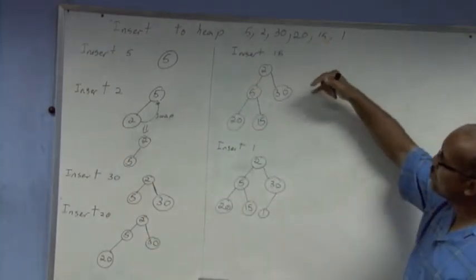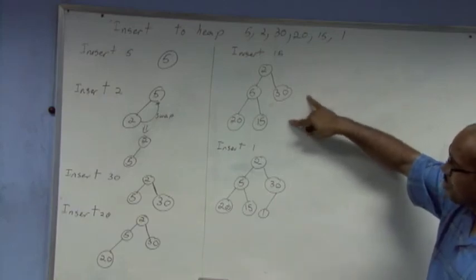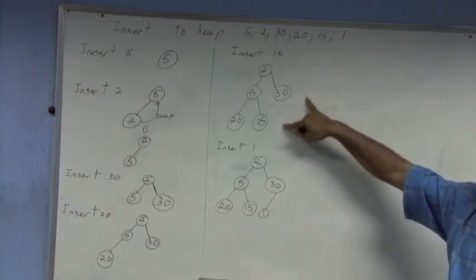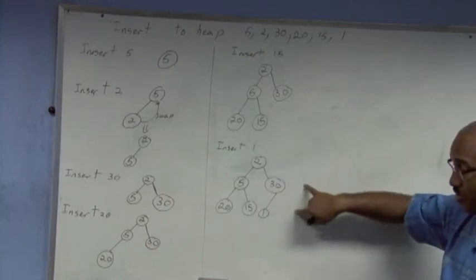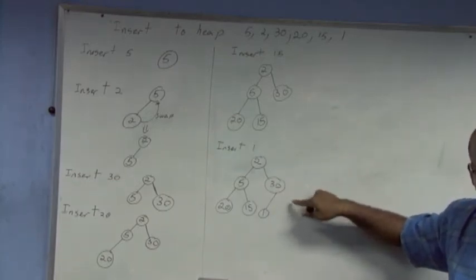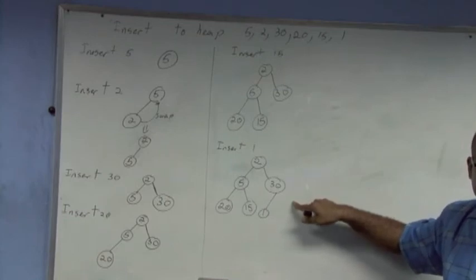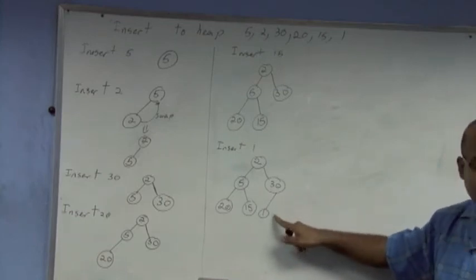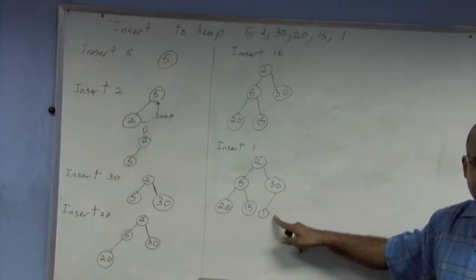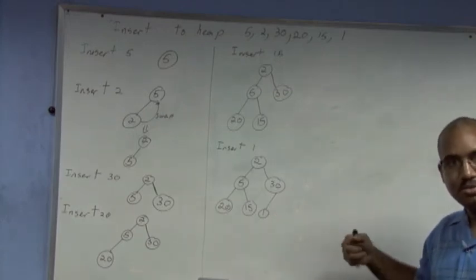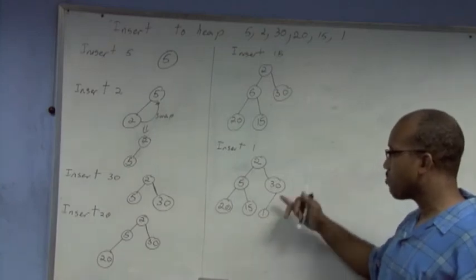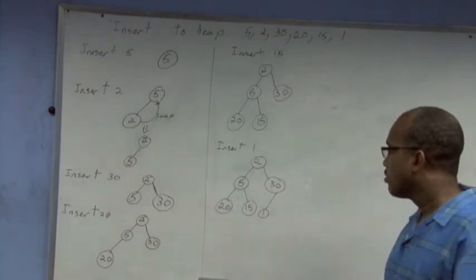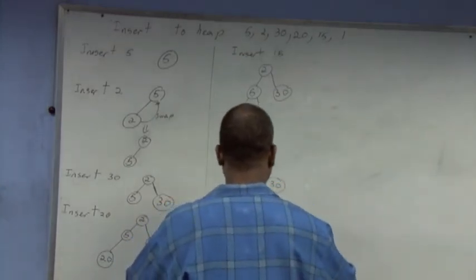So we inserted the 15. Do we agree that that's where the 15 will go? We inserted the 1. Do we agree that that's where we put the 1 first? At first, that's the next insertion position, so we'll put it there. But is there something else we need to do? We need to compare the value of the parent and swap if necessary. So we're going to do a swap.